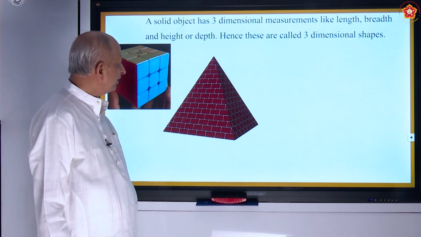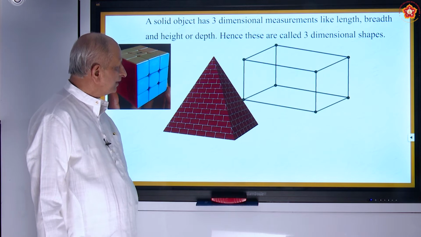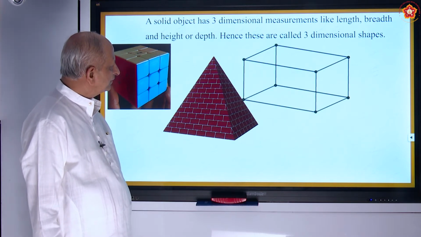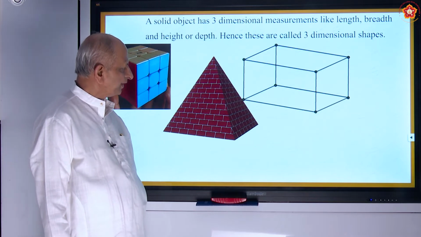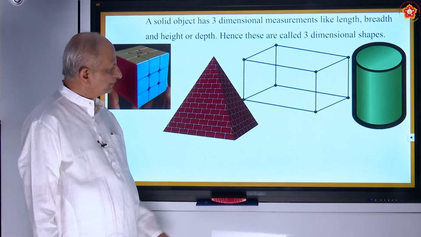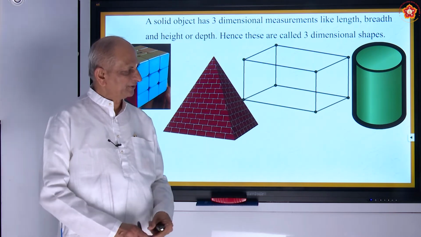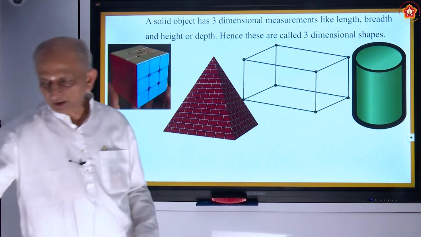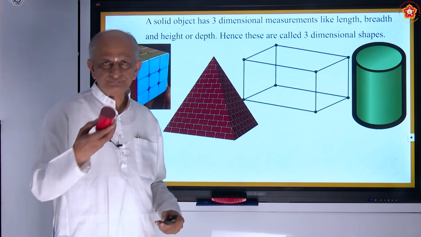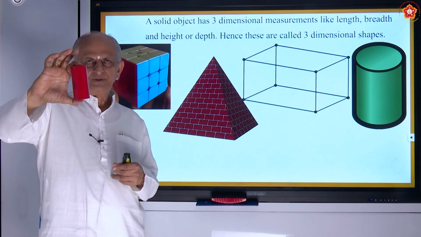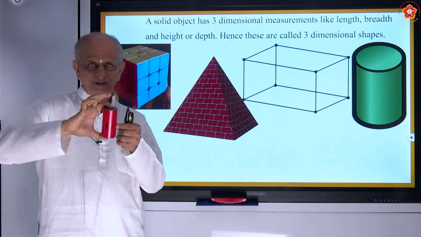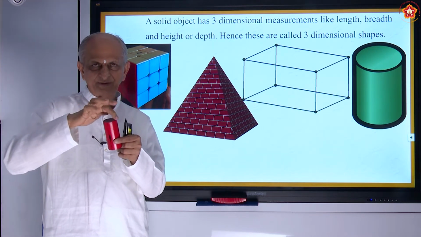And this is also a kind of cuboid, and that is the very famous cylinder. All of you know the cylinder. A cylinder has a base and a top with circles. This is called the lateral surface, correct?